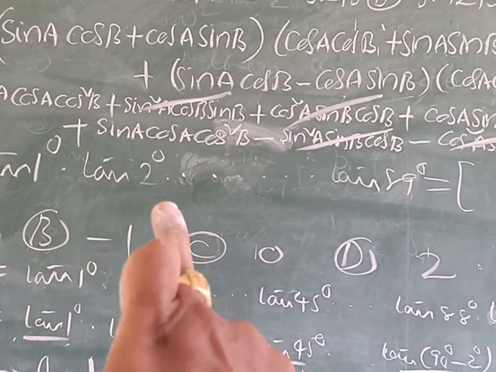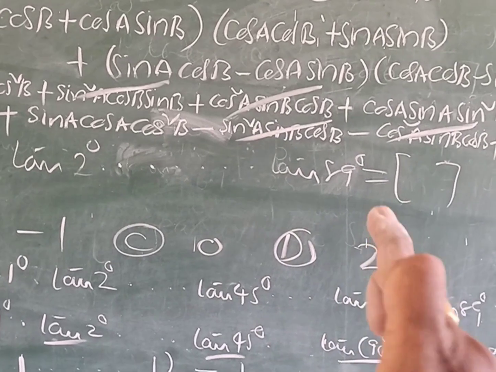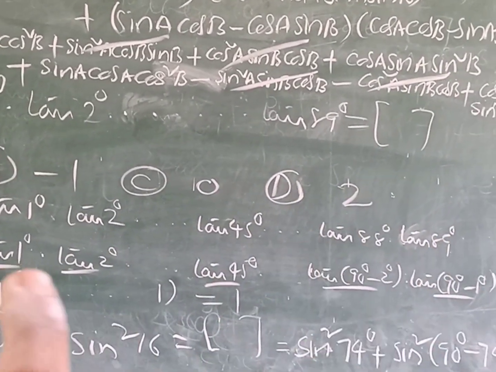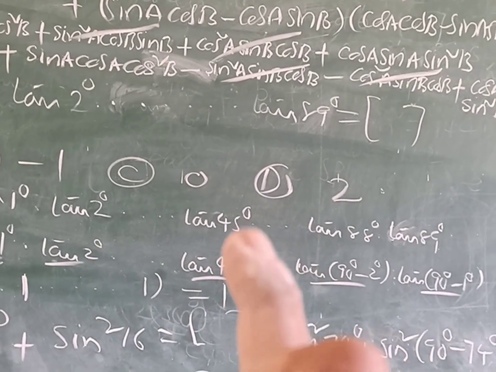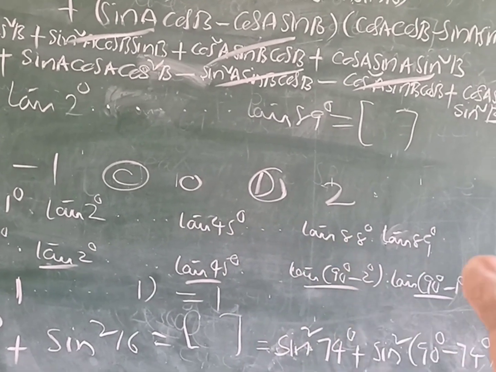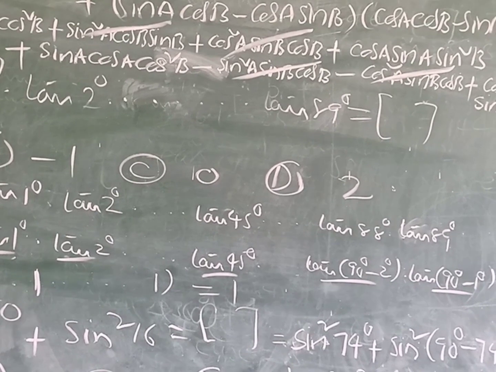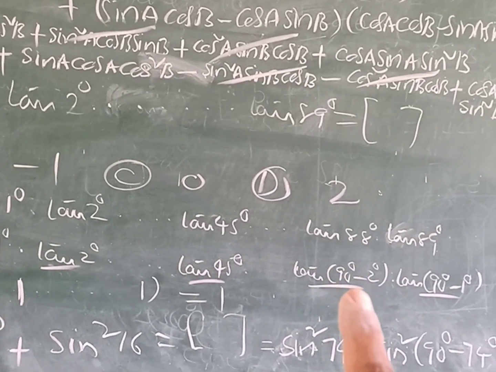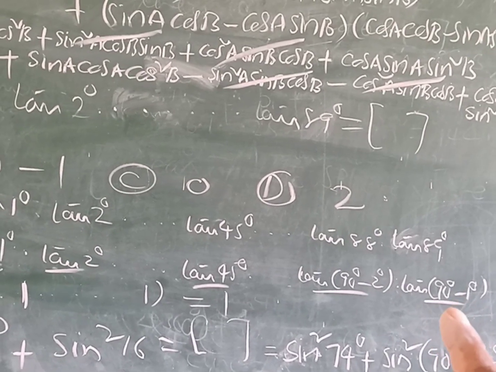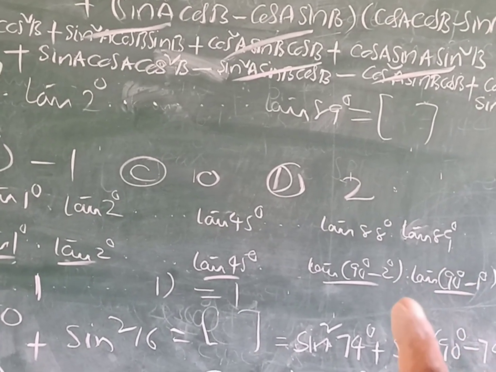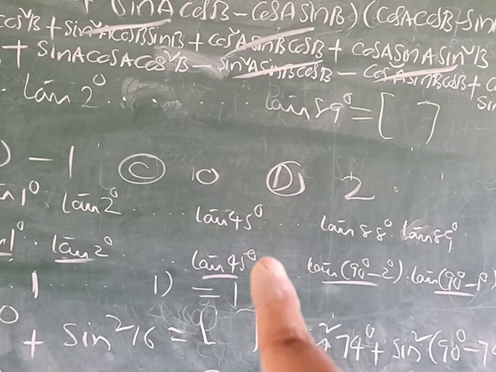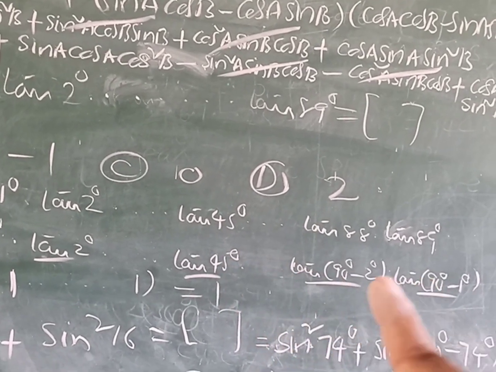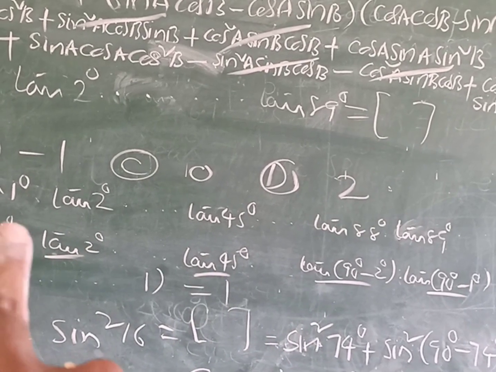Tan 1 degree into tan 2 degrees into and so on into tan 89 degrees. When you observe this sequence, tan 1 into tan 2 into so on into tan 45 into tan 88 into tan 89. Tan 88 can be written as tan (90 minus 2 degrees), tan 89 as tan (90 minus 1 degree). After tan 45, these are complementary angles.